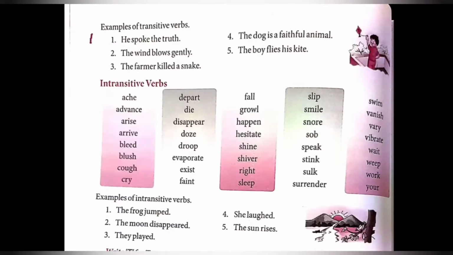More examples of transitive verbs. He spoke truth. Here the verb spoke needs an object. The wind blows gently. The farmer killed a snake. Here killed is the verb, and it needs an object, snake.